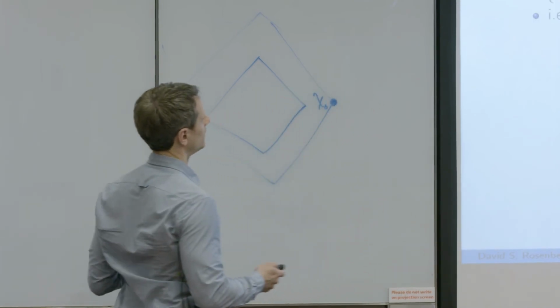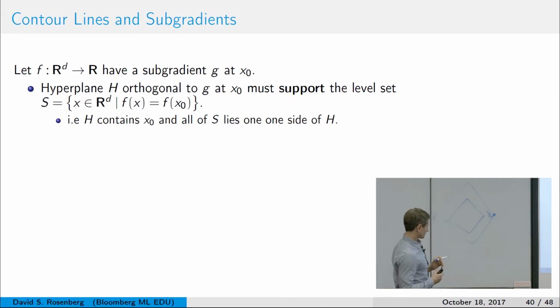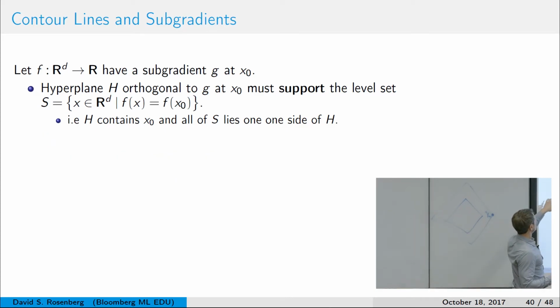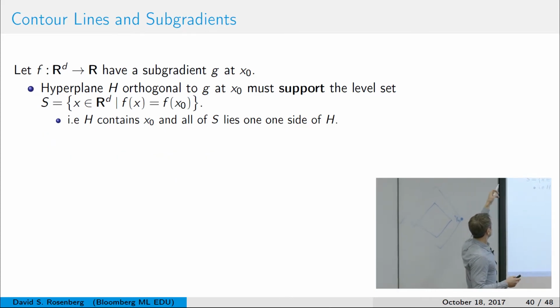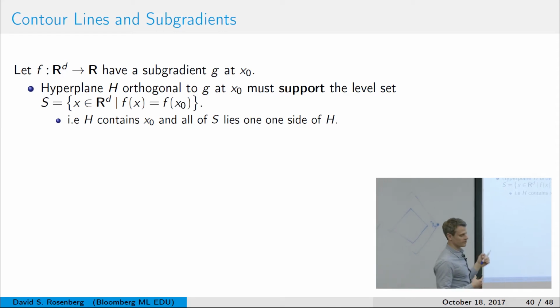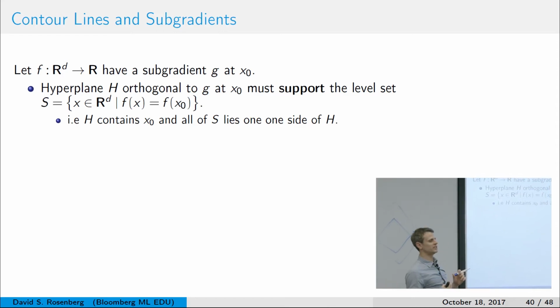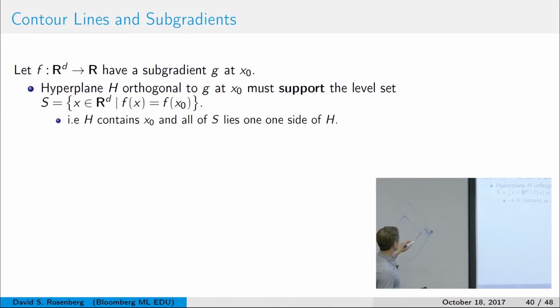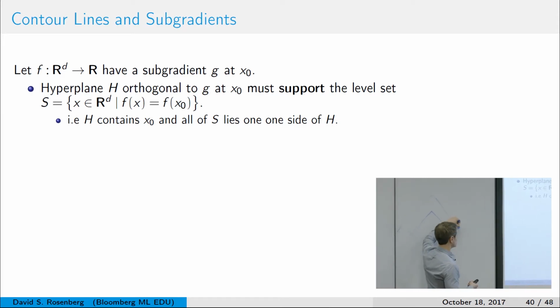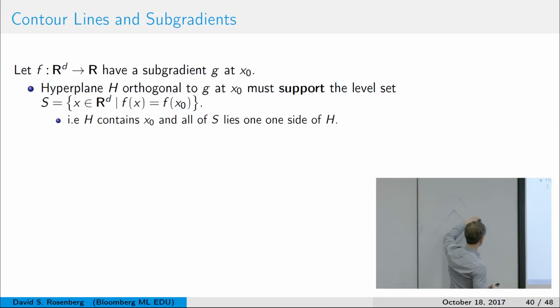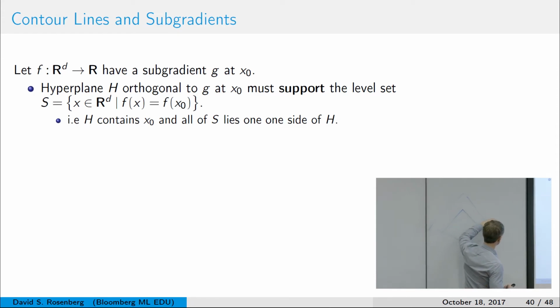And I have this claim here. So consider f has a subgradient g at a point x0. So this is x0, and let's draw a subgradient at x0. So this is a vector in the same space. And I'll write it as g.